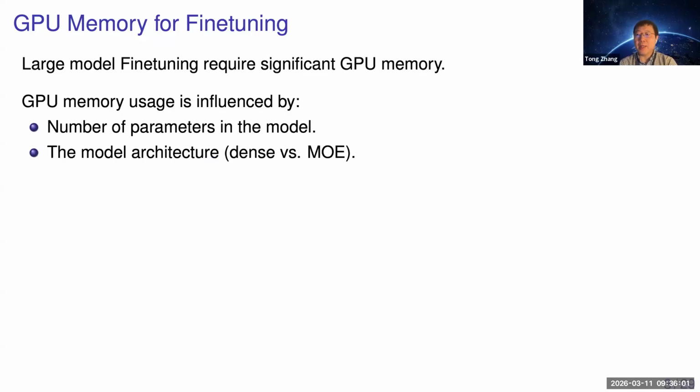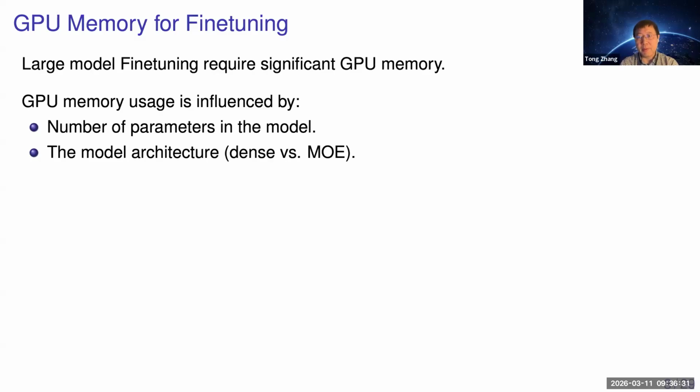There is also model architecture, which also matters. Part of the reason is that when you do the training, it's not only the model parameters that matter. You need to compute the gradients and store the optimizer state. And before computing gradients, you also need to save the activations in your forward pass in order to do your backward pass.